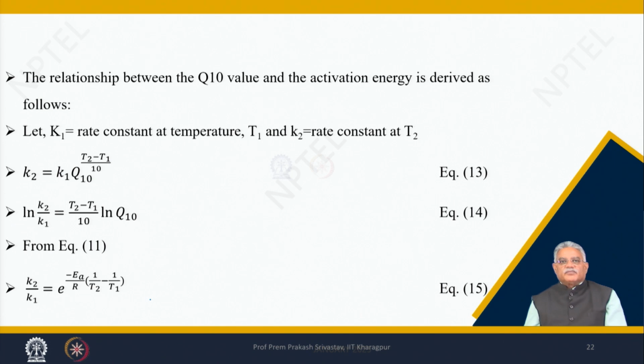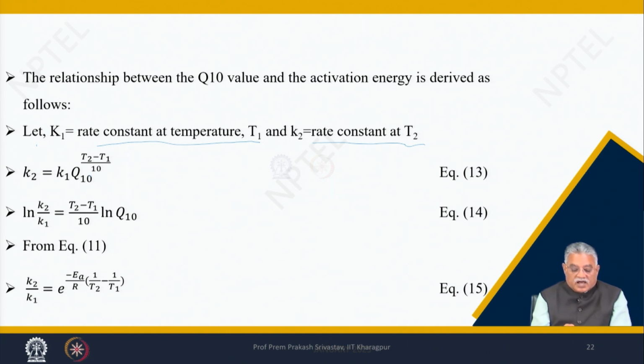The relationship between Q10 value and the activation energy is derived as follows. Let K1 be the rate constant at temperature T1 and K2 the rate constant at temperature T2. So, K2 is equal to K1 Q10 to the power (T2 minus T1) by 10.